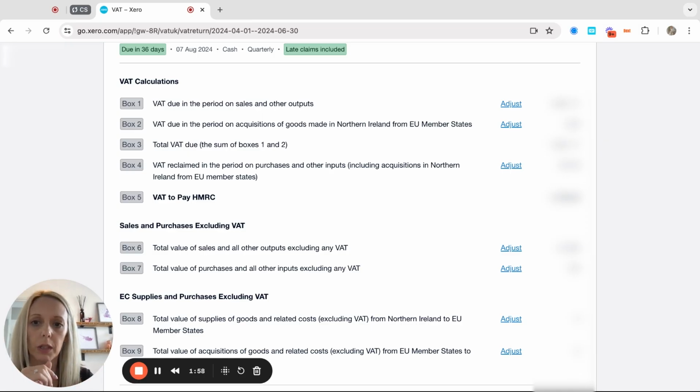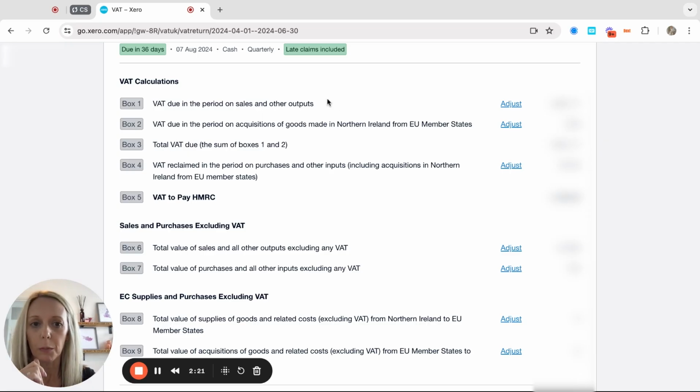So this is what it looks like. At the top, you've got the calculations. You've got VAT due on the period, so this is all the VAT that you have collected on your sales invoices. You've got the VAT due from goods in Northern Ireland and other EU member states. If you don't do anything in the EU, then that will just be zero.